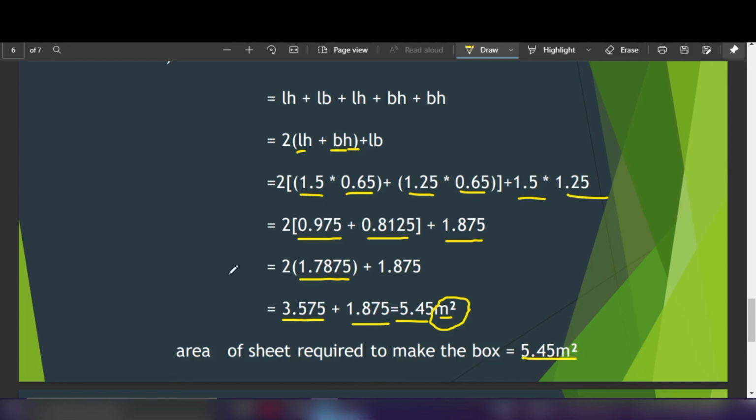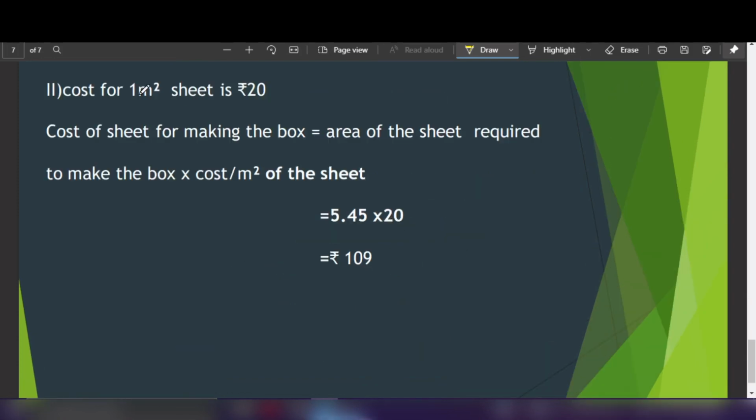So now let's move on to the second division. In this, we have to find the cost of the sheet for making the box. It's already given that the cost for 1 meter square of sheet is rupees 20. So to get the cost of the sheet for making the box, you have to multiply the area of the sheet required to make the box and the cost per meter square of the sheet.